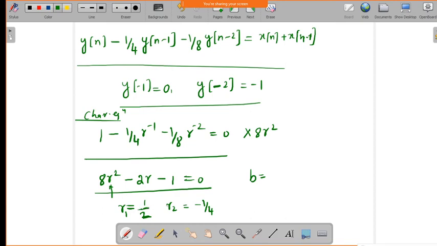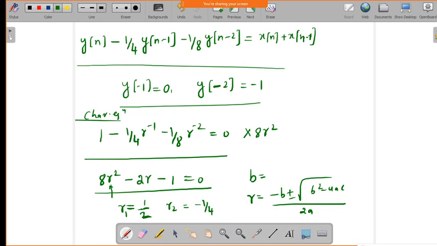Okay. So these are the roots of the characteristic equation. You can use the formula for r: minus b plus or minus root of b square minus 4ac, divided by 2a. Put a as 8, b as minus 2, and c as minus 1.